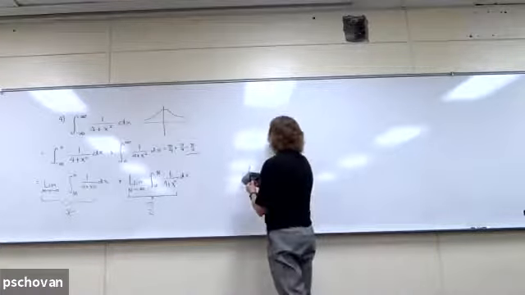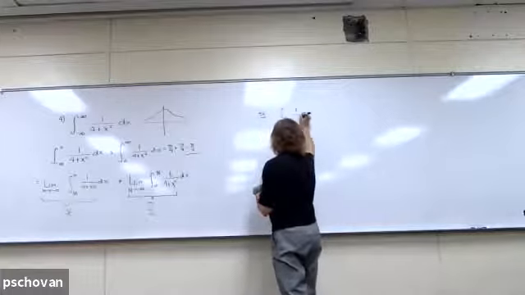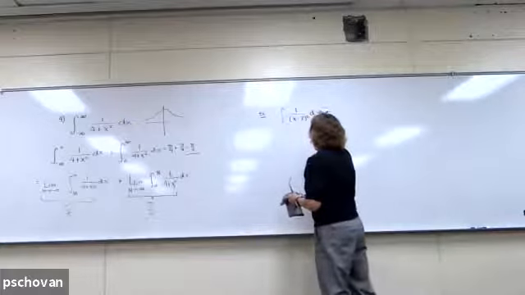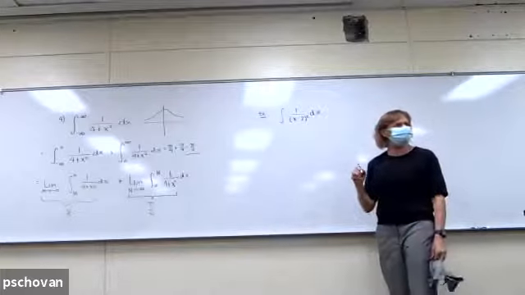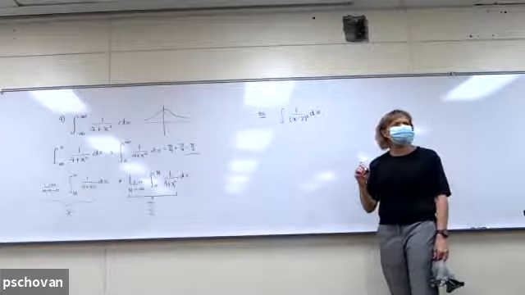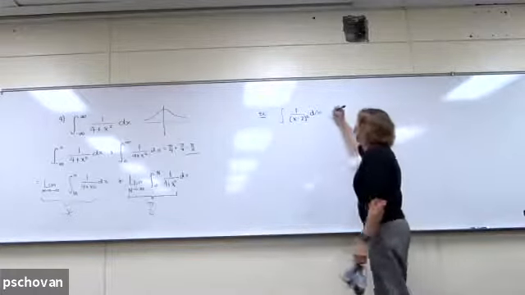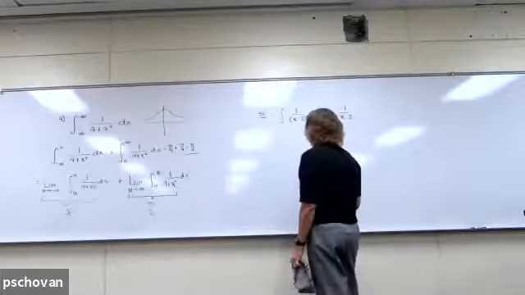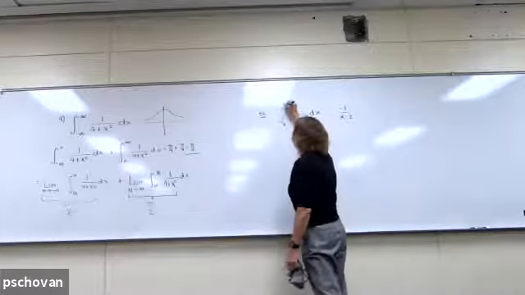I'm going to take another hyperbola here. All right, if u is x minus 2, du is dx. So I'm integrating 1 over u squared. The integral of 1 over u squared is negative 1 over u. So how about we evaluate this from 0 to 3.